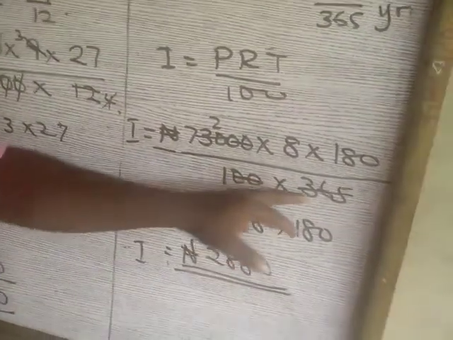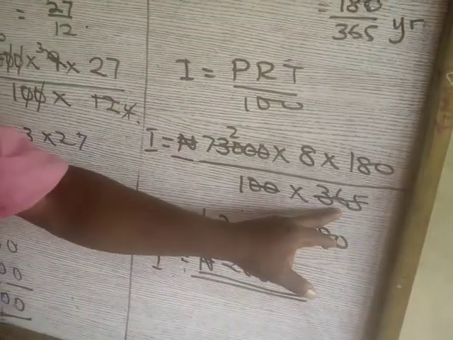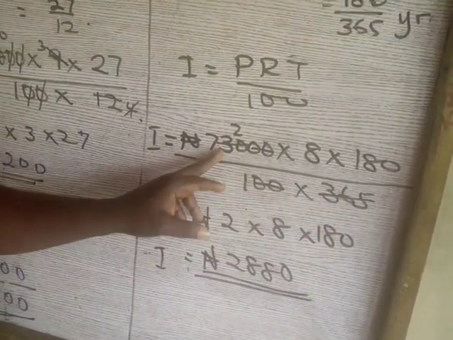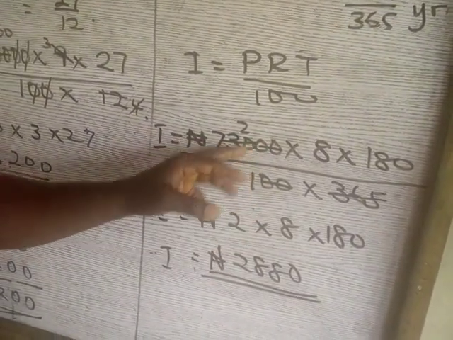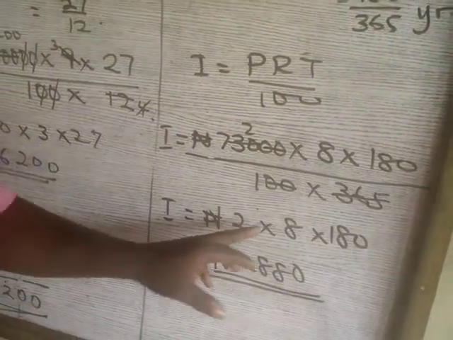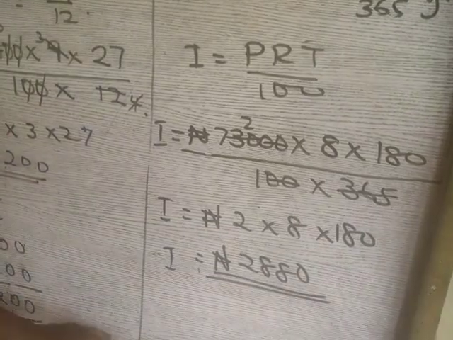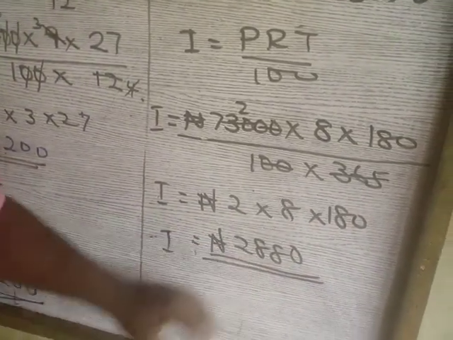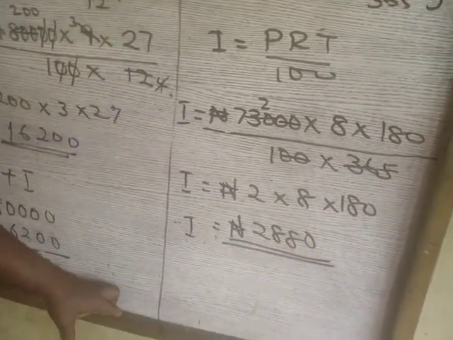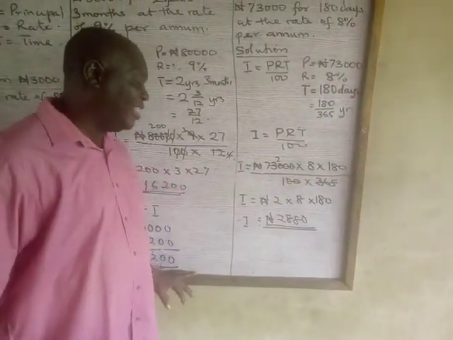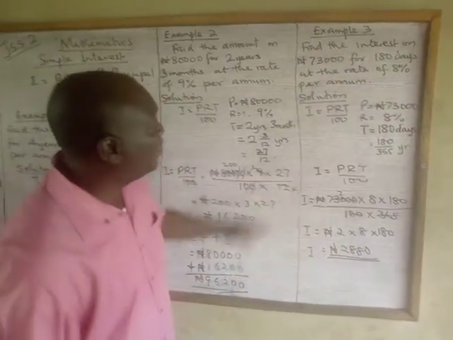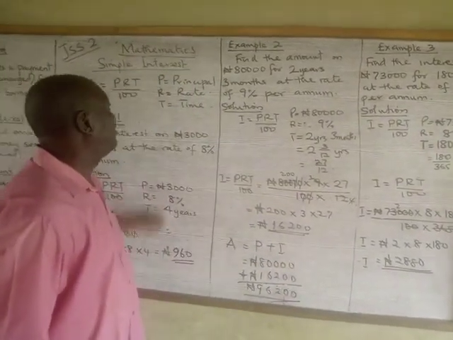That becomes 100 times 365. 365 in 730 is 2. 0 cancels 0, 0 cancels 0, so we have 2 times 8 times 180. Our interest now becomes 2,880. So with this, I believe you should be able to solve problems on simple interest.